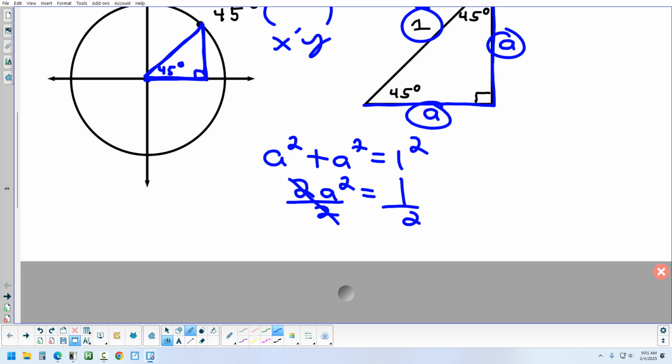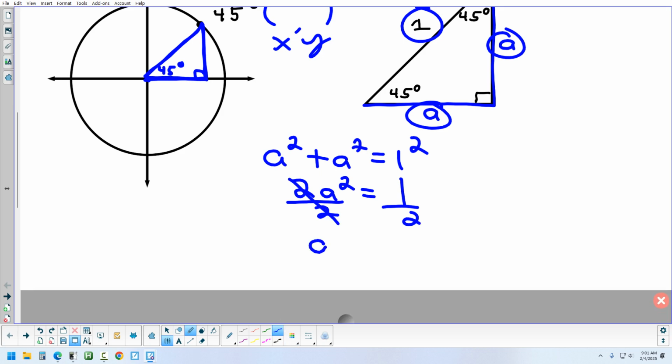So that's gone. So we have a squared equals a half, but we want a. We don't want a squared. So how am I going to get rid of it? I'm going to take the square root. Okay. When you take the square root of each side, the square and the square root cancel, and you have a by itself.